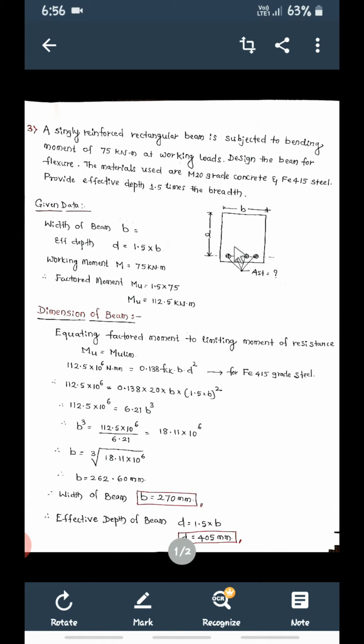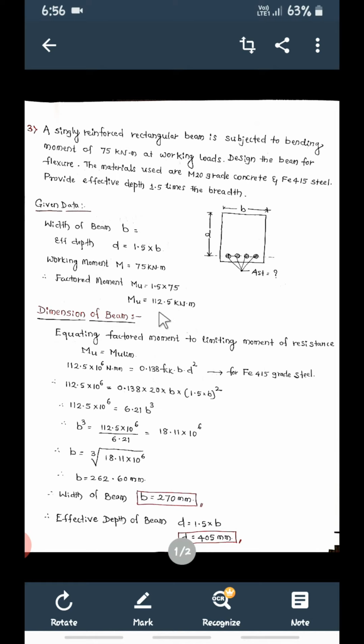Now first we'll find out the dimensions b and d, then we're going to find out the area of steel. If you want to find out the dimensions, what we're going to do? Equate the given bending moment Mu to Mu limit. So Mu is equal to Mu limit. Mu is 112.5 kilonewton meter.